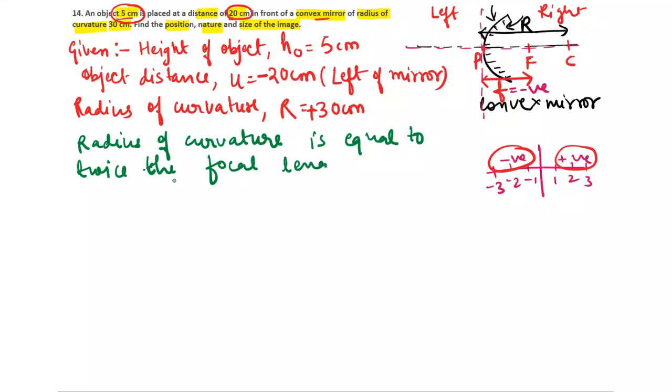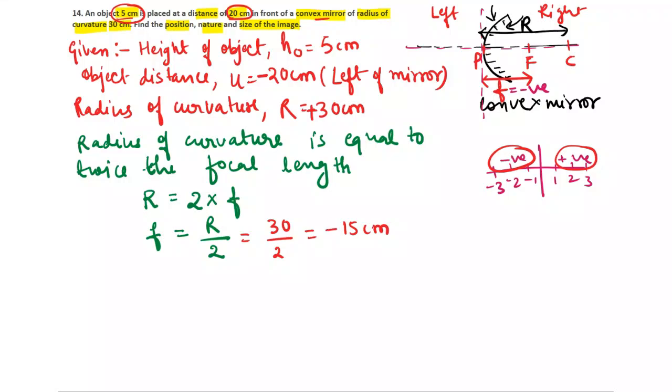So we can write R is equal to 2 times the focal length. As we have the value of R, we can write F is equal to R divided by 2. Substituting the value of R, 30 divided by 2, we get 15 centimeter, and that is positive.